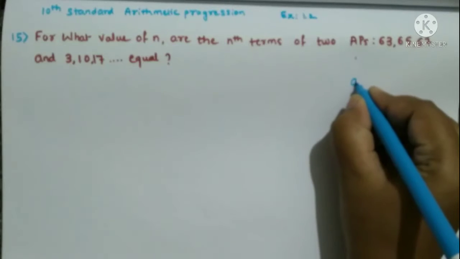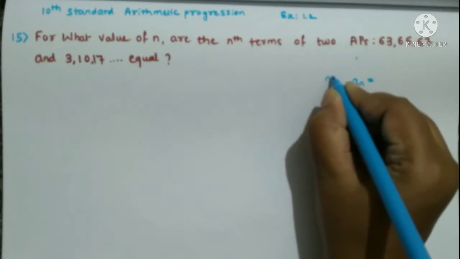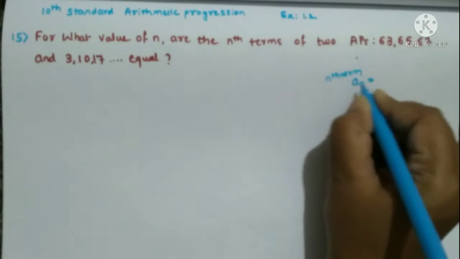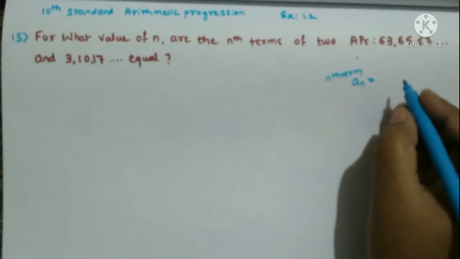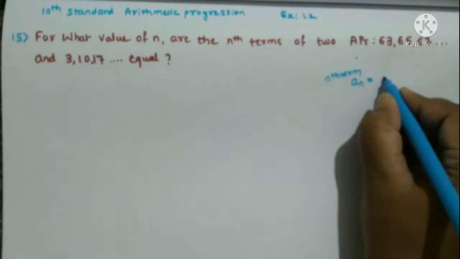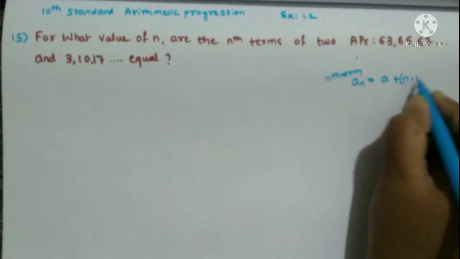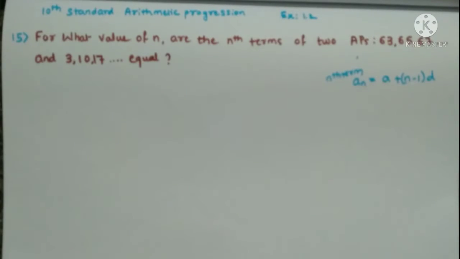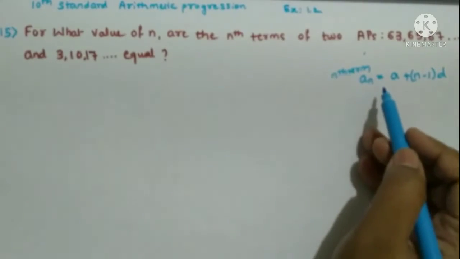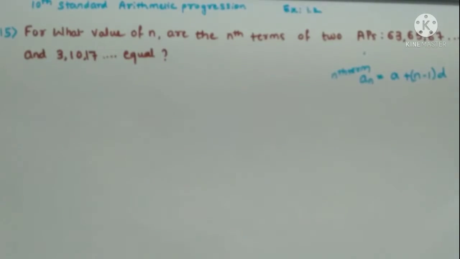The nth term is represented by an, and that formula is a plus n minus 1 into d. This is the nth term of the AP.